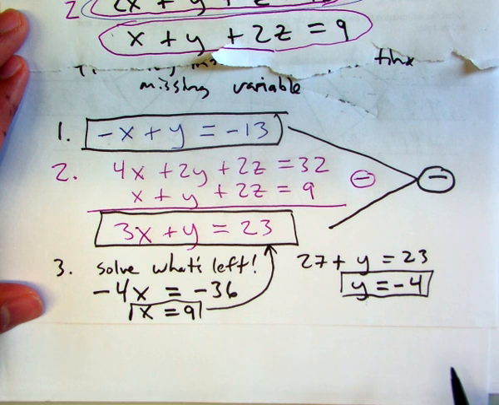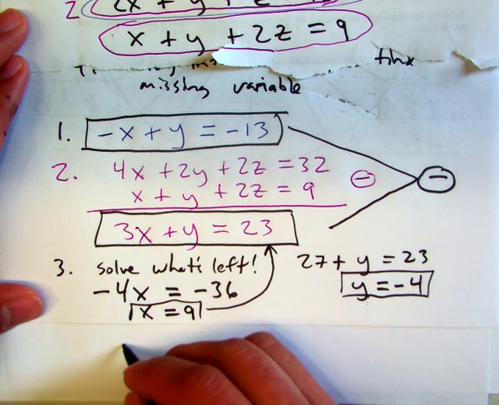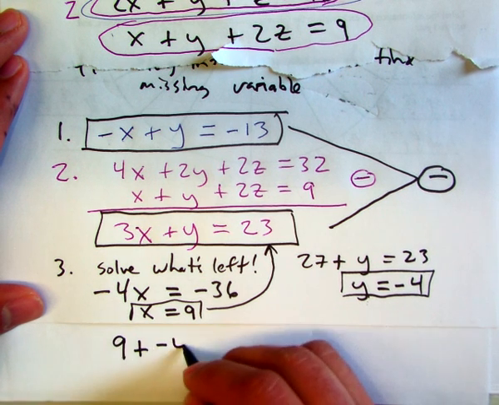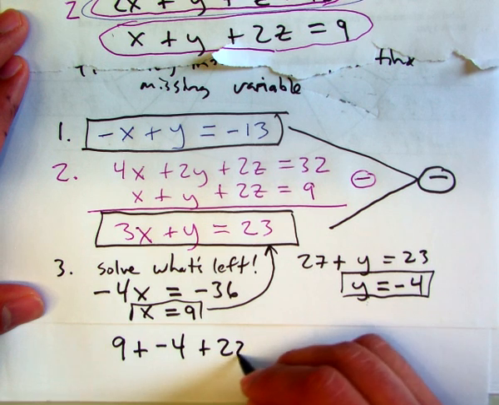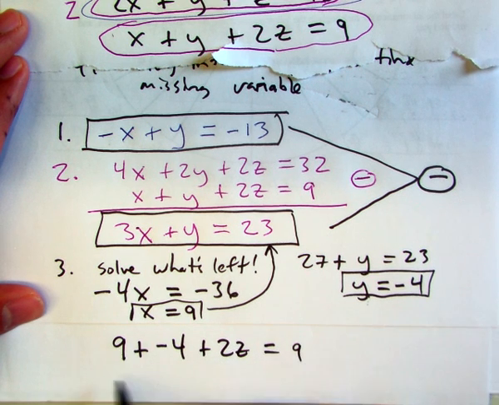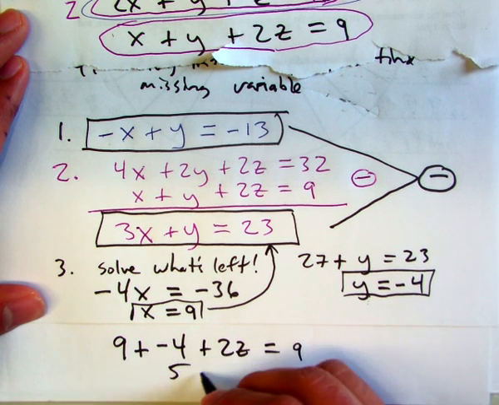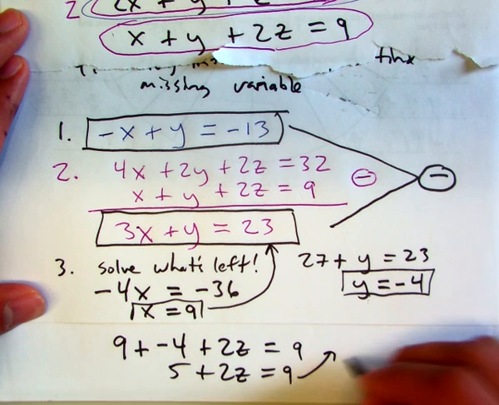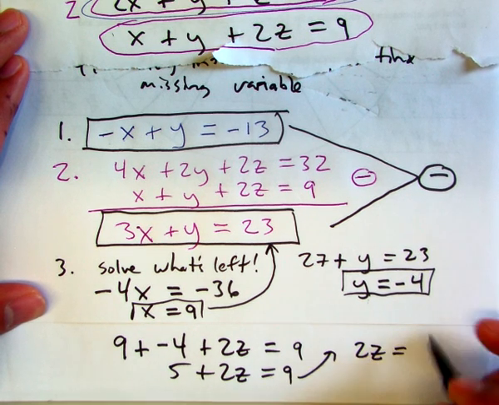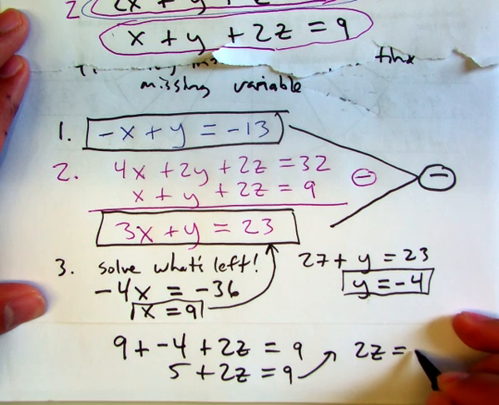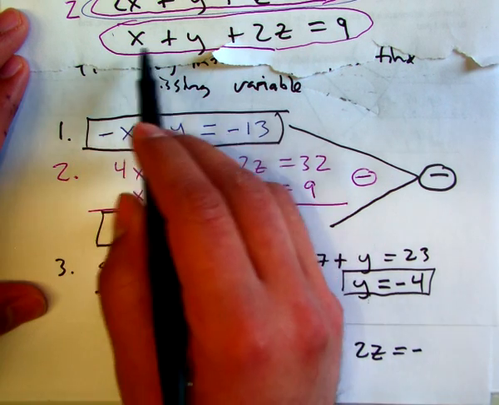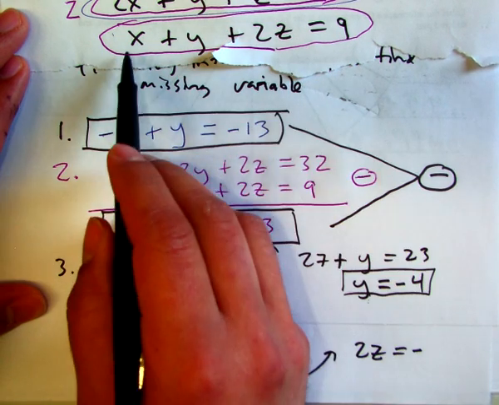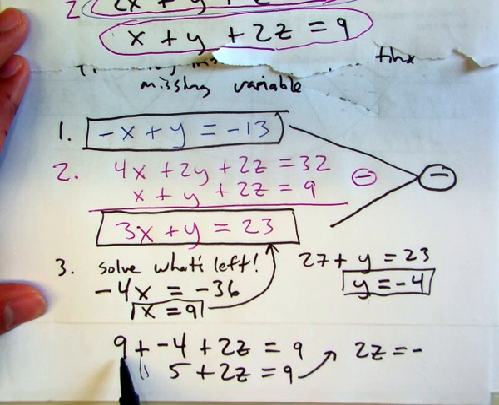So x is 9, y is negative 4, and then I'm adding 2z, and that's going to give me 9. 9 plus negative 4 is 5. I'm just doing x plus y, so that's 9, which is x, plus negative 4, which is y, plus 2z equals 9.